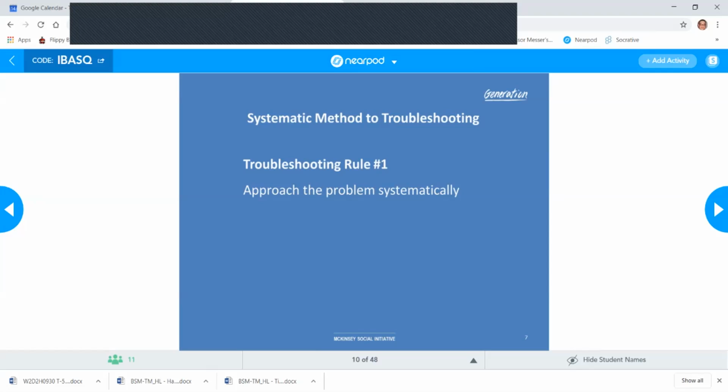Troubleshooting step rule number 1, approach the problem systematically. What does that mean to you to approach a problem systematically? So to tackle the problem in order, try to see what goes first, what you can do. Yeah.